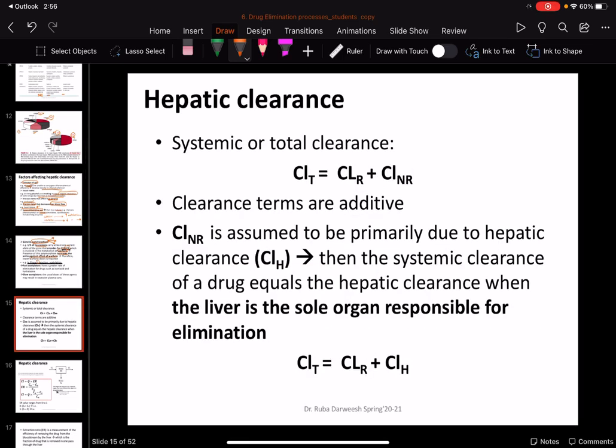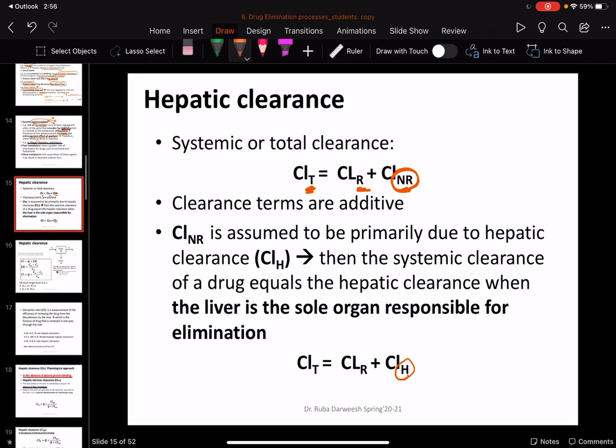For the hepatic metabolism, if we are talking about linear kinetics, you know that total clearance equals renal plus non-renal, and if the majority of the non-renal clearance is happening in the liver, that's why we say total clearance equals renal plus hepatic clearance, under linear kinetics for sure.